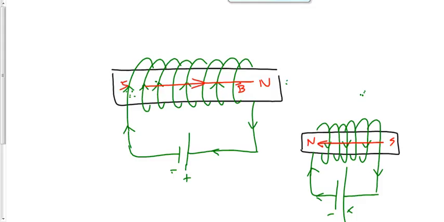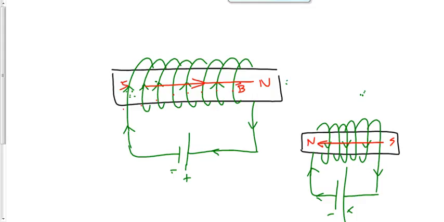What's one way? More loops of wire in the coil. So instead of having 1, 2, 3, 4, 5, 6, 7, 8 loops of wire, maybe I've got 16. That makes my electromagnet twice as strong. It's literally a 1-to-1 ratio. If you double the number of loops, then you double the strength of the electromagnet.